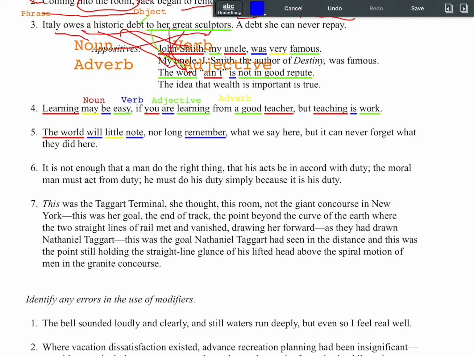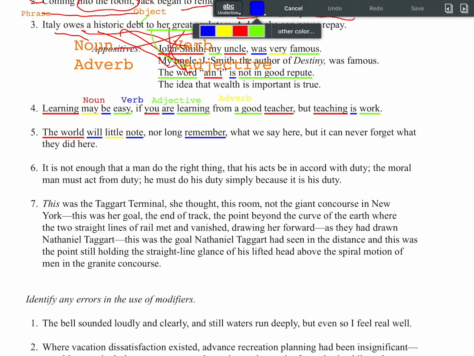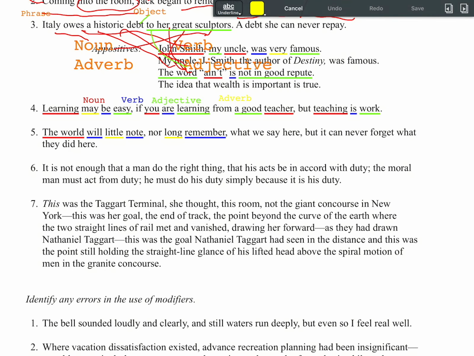Okay, and then what we say here. Well, I'll save and adverb long. Okay, then what we say here is a phrase. What we say here is the object of noting. So the world will little note what we say here.